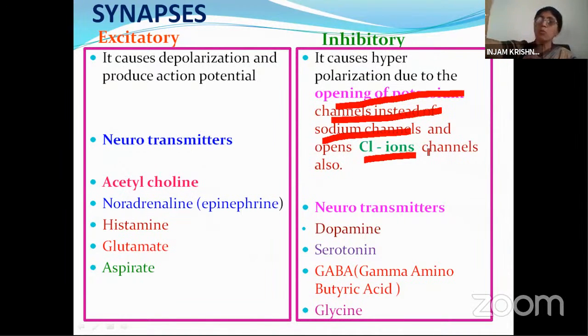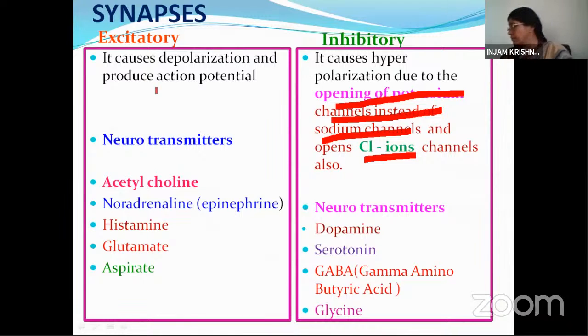Positive ions go outside. Potassium always tries to go outside, you know it. So due to these two reasons, potassium ions go outside and chloride ions come inside. Positive ions go outside, negative ions come inside, so the negativity inside has increased.